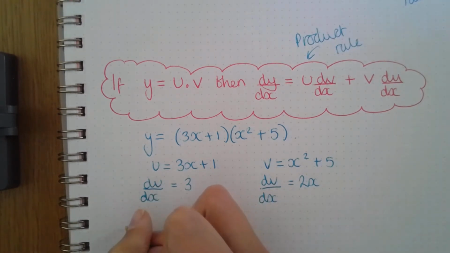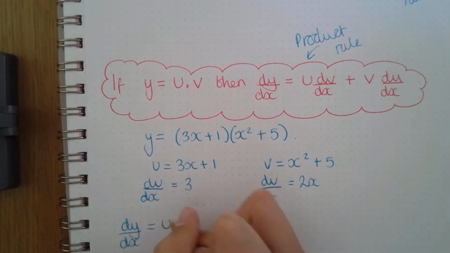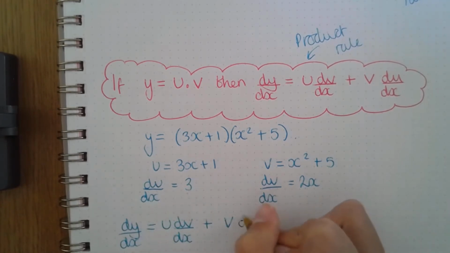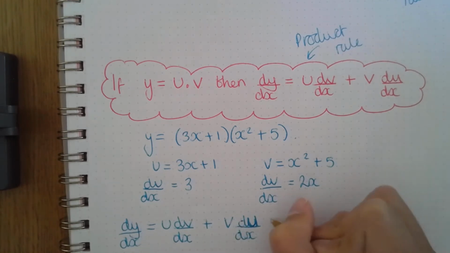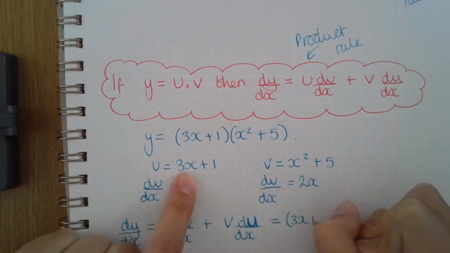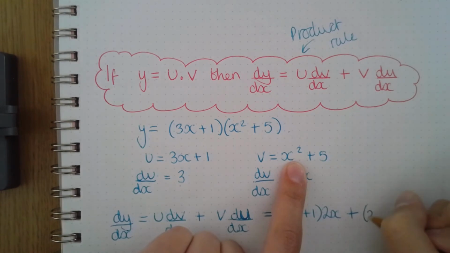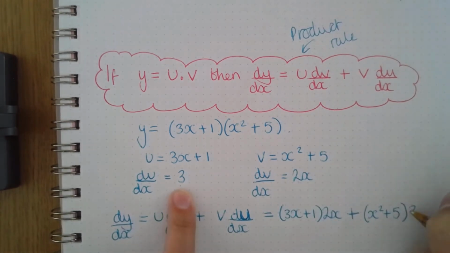So the product rule, dy dx, we use u dv dx plus v du dx, equals, so u is 3x plus 1, dv dx is 2x, add v is x squared plus 5, du dx is 3.